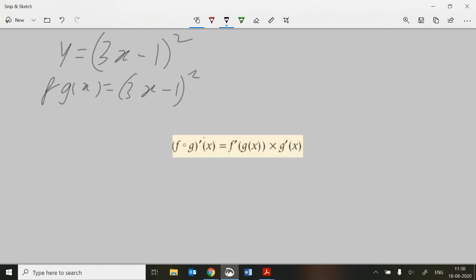Now we have to figure out what is g of x. Well, g of x is equal to 3x minus 1. We have to define that. We're saying it's the function inside the function. Now we can work out g dash of x, which is going to give us 3.